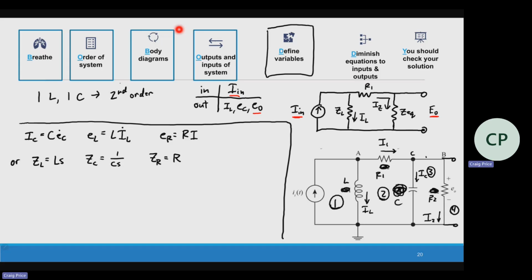Just a raise of hands, so I know who's going this route with the KVLs, KCLs. Who's going this route? And more of you this way. Okay, fine. Either way works. We're still going to need to use KVL, KCL to solve this.